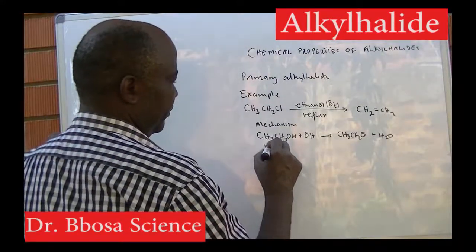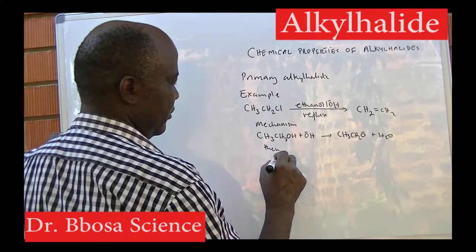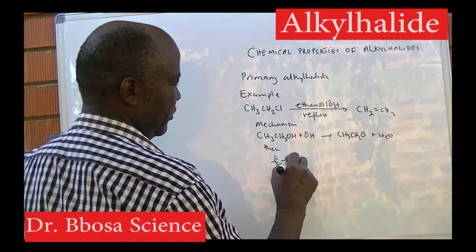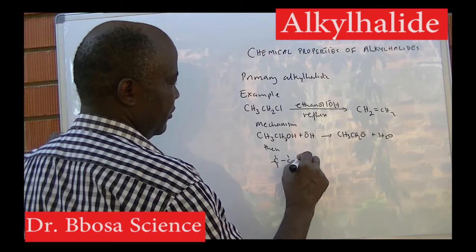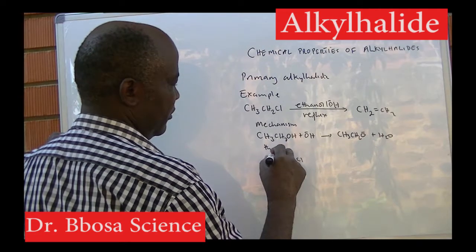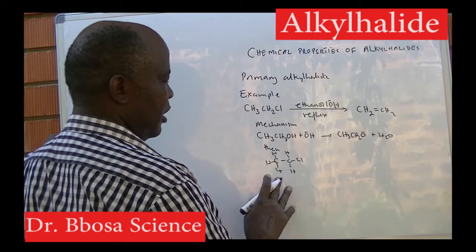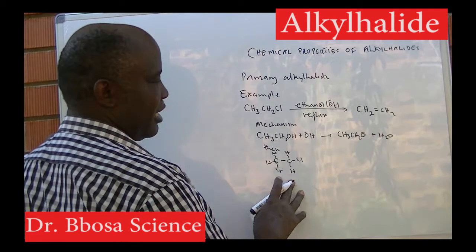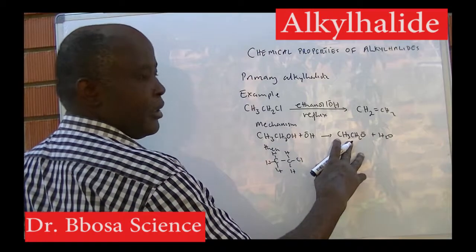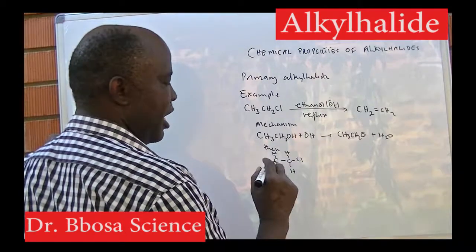Then chloroethane reacts with the ethoxide ion to form alkene.